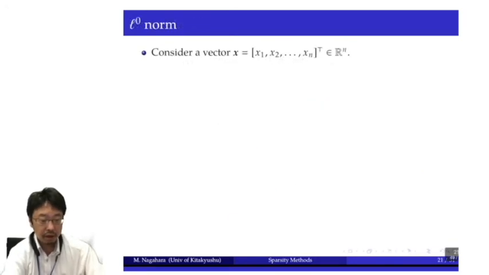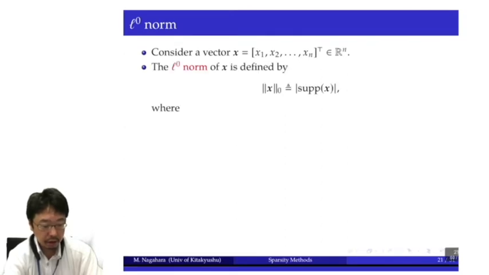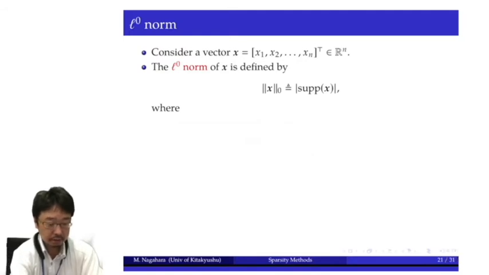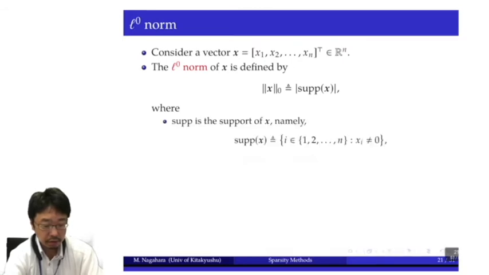Now we define the L0 norm. Consider a vector x in R^n. The L0 norm of x is defined by this, where supp is the support of x, namely, the set of indices i such that xi is non-zero.